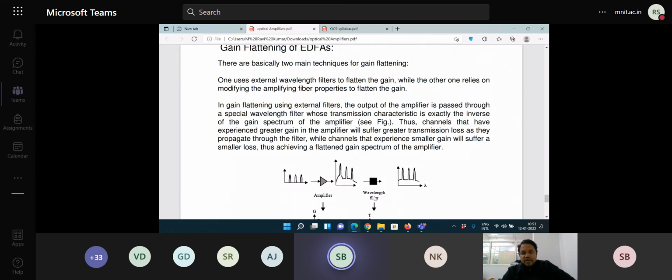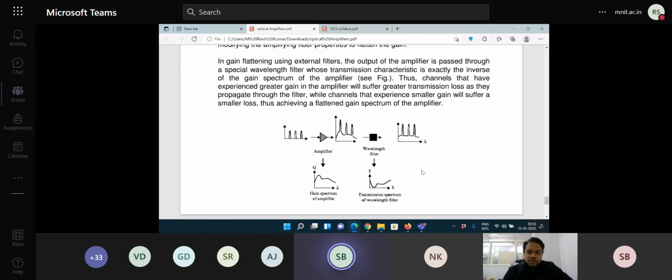So a wavelength filter can be used which can reduce the powers at 1530 and 1540 and make it uniform over the entire band. So this would be the transmission spectrum of the wavelength filter such that when this is superimposed on the signal, this is what you can get. So this is what is known as gain flattening of the amplifier.